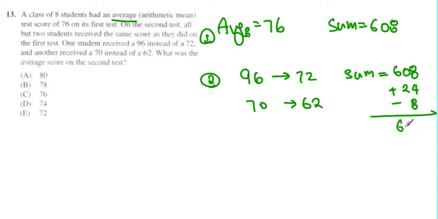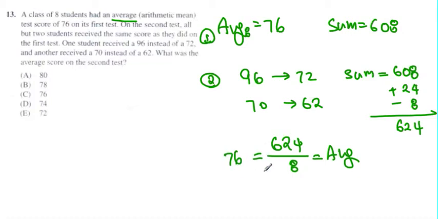So in fact, we end up having 624. That would be our new sum. So what we need to do is this: from 624, we need to divide this one by 8. That will be our new average. Then, once you do this one, I believe that it becomes 78. So therefore, 78 becomes our answer.